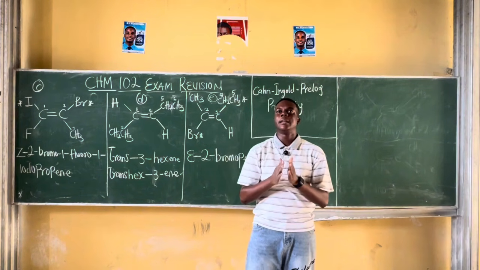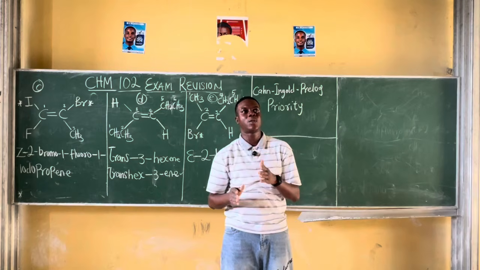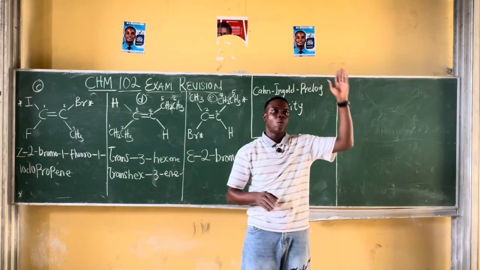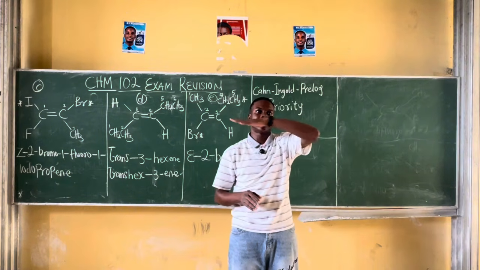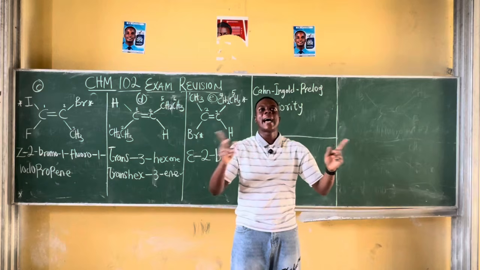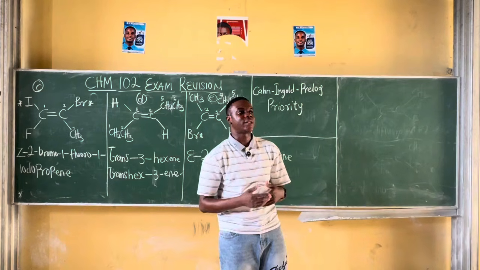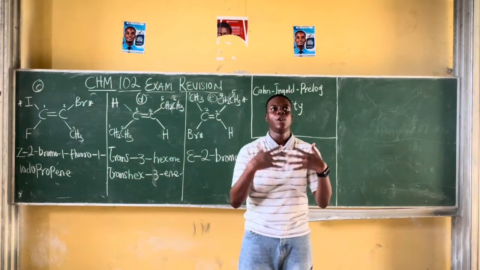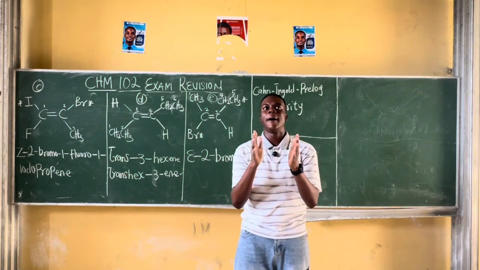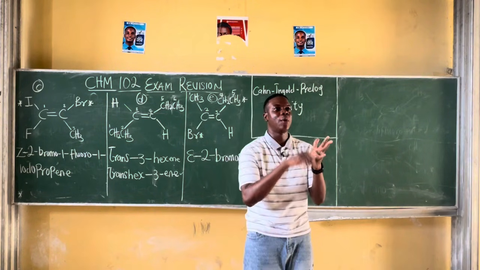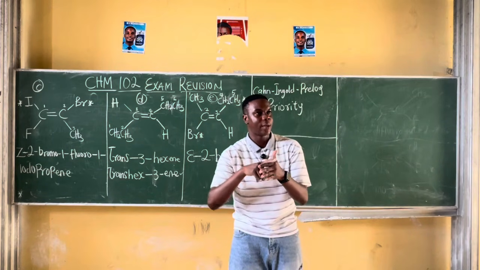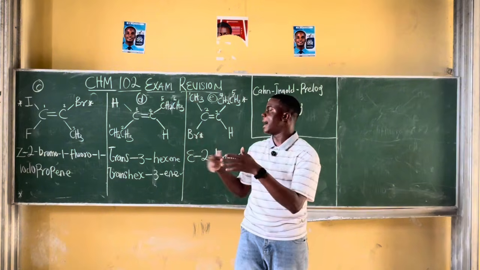Then for E and Z, we said E means what? Entgegen, which translates to opposite, while Z is Zusammen, which translates to what? Same side. So for E and Z, you look at when there are different groups attached to the carbons sharing the double bond. So for this E and Z, you can see iodine, bromine, fluorine, or you can see iodine, bromine, methyl, and ethyl. Okay.